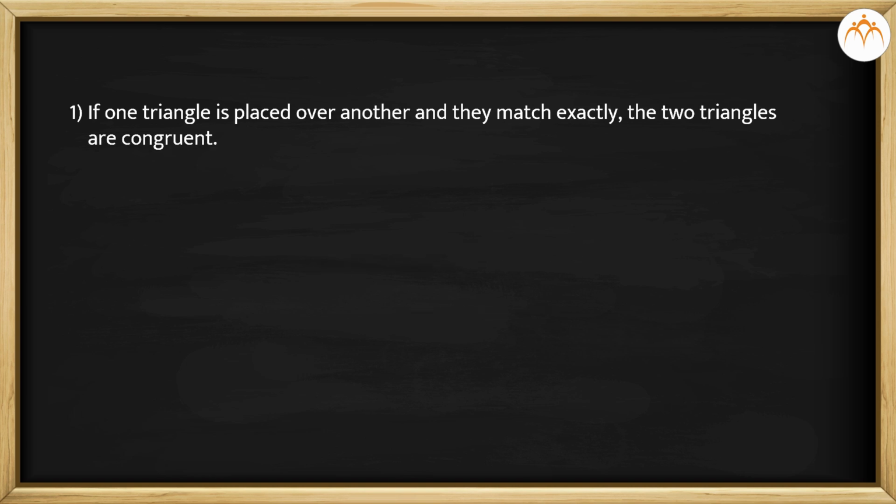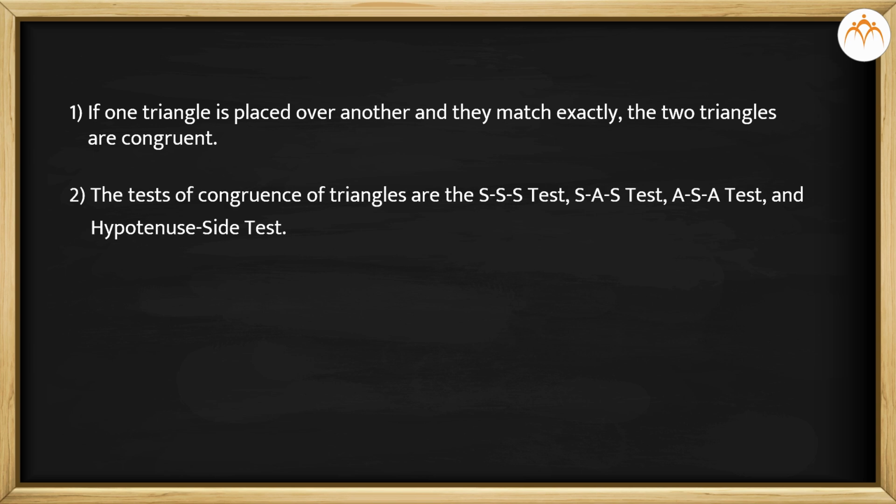What did we learn? If one triangle is placed over another and they match exactly, the two triangles are congruent. The tests of congruence of triangles are the SSS test, SAS test, ASA test, and RHS test.